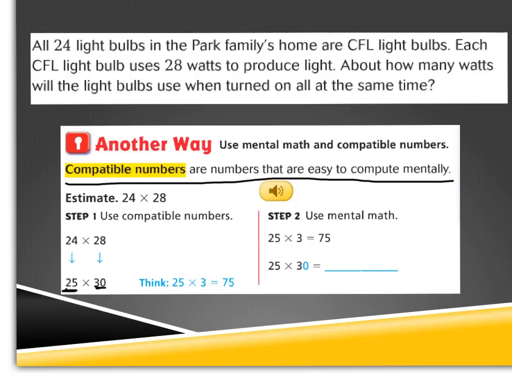I think 25 times 3 is 75. So 25 times 30 then has an extra 0 for 750. In this case, giving me an estimate of 750 watts. Using compatible numbers will get you an estimate that's closer to your exact answer.